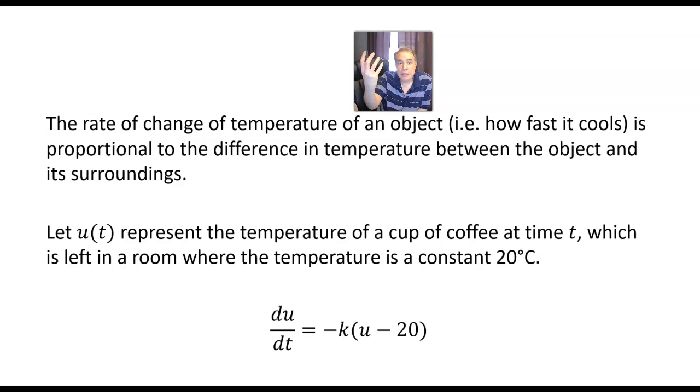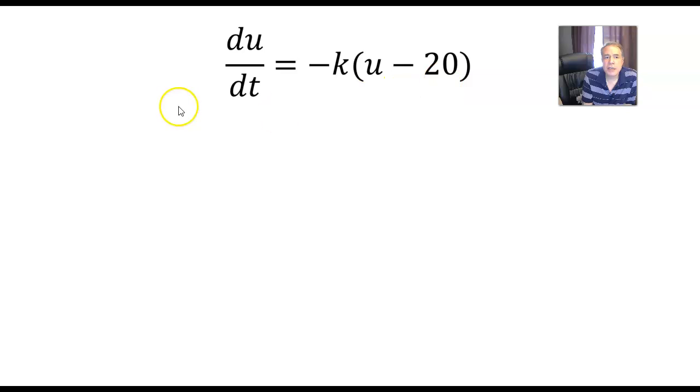And u is the temperature of the cup of coffee, or the object that is cooling off. Because it is cooling off, its temperature is decreasing, so that's why I stuck a minus in here. The change in temperature is negative because the temperature in the situation we're picturing is decreasing. Okay, so there's our differential equation: du/dt equals negative k times (u minus 20).